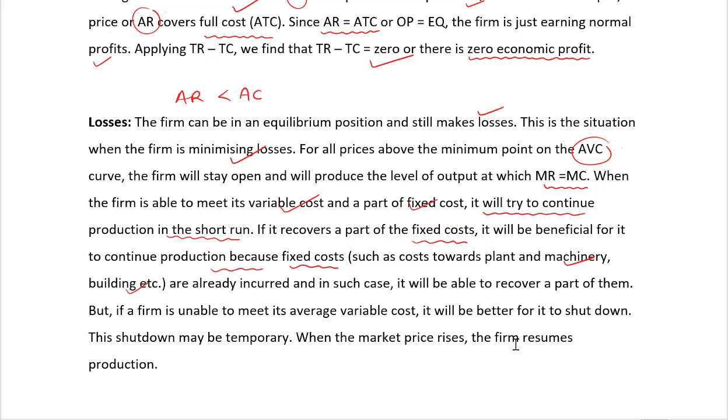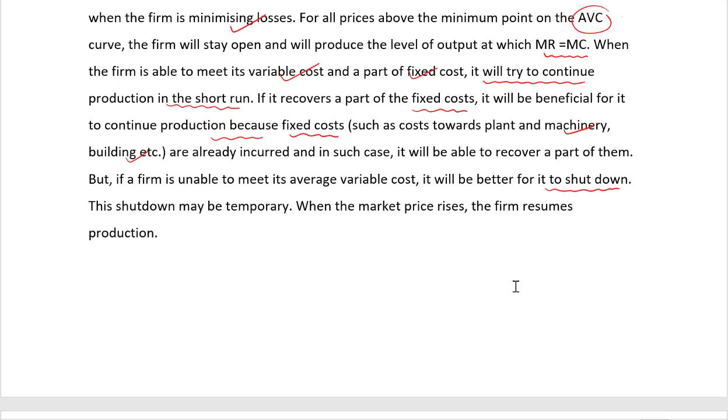But if the firm is unable to cover its average variable cost, it will be better to shut down, because this is a firm plainly making losses. This shutdown may be temporary, but when the market price rises, the firm resumes its operation, that is the production.